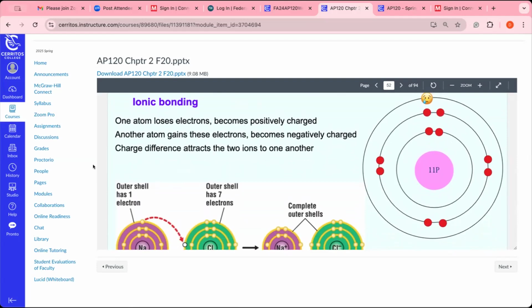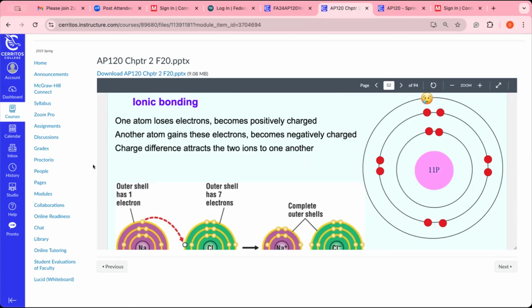When you give up an electron, you end up having less negative charge than you did. So you become positively charged. Another atom gains the electron and becomes negatively charged. And then the difference between the charges makes them come together and bond together.